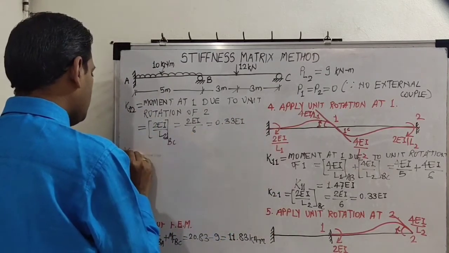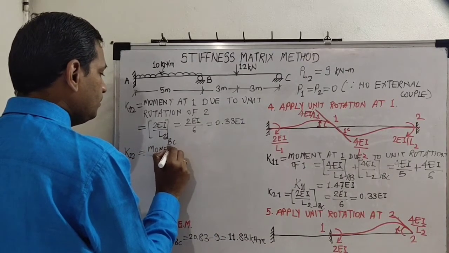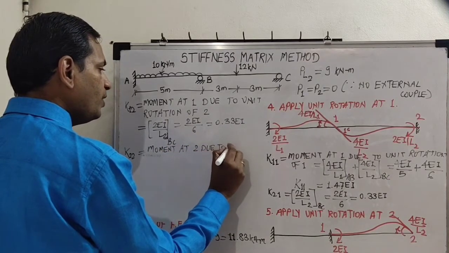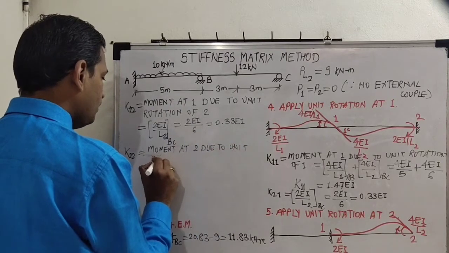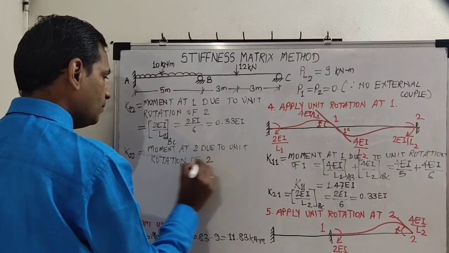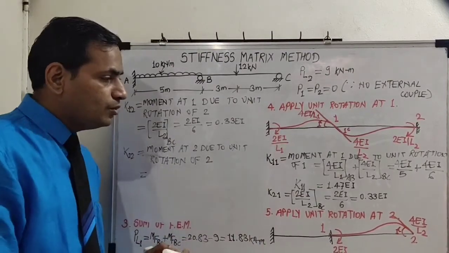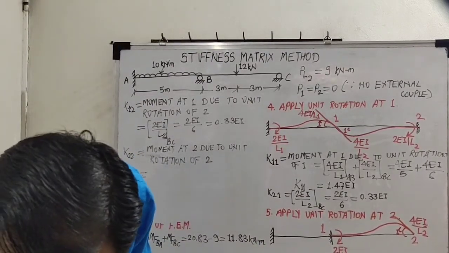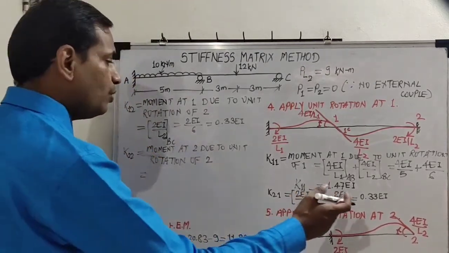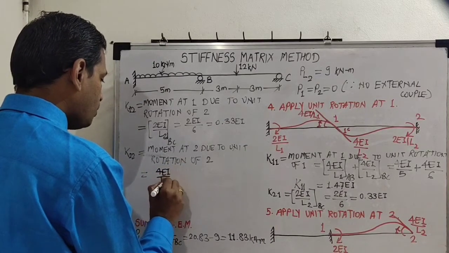Then K22. What is K22? Moment at 2 due to unit rotation of 2. So let us write this value. Look at location number 2. At location number 2, we have the value 4EI by L2, again for span BC.